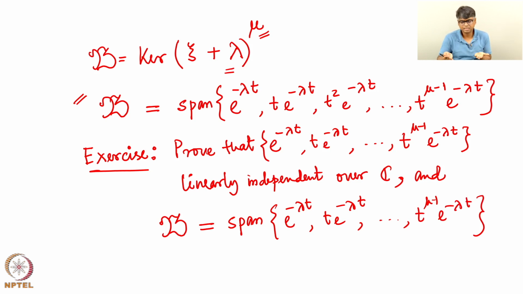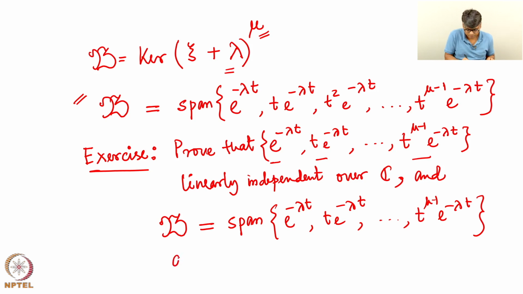One can easily see already that if you look at these, to be linearly independent means you take any linear combination of them, and if that is 0, then all those coefficients must be equal to 0. What does that mean?